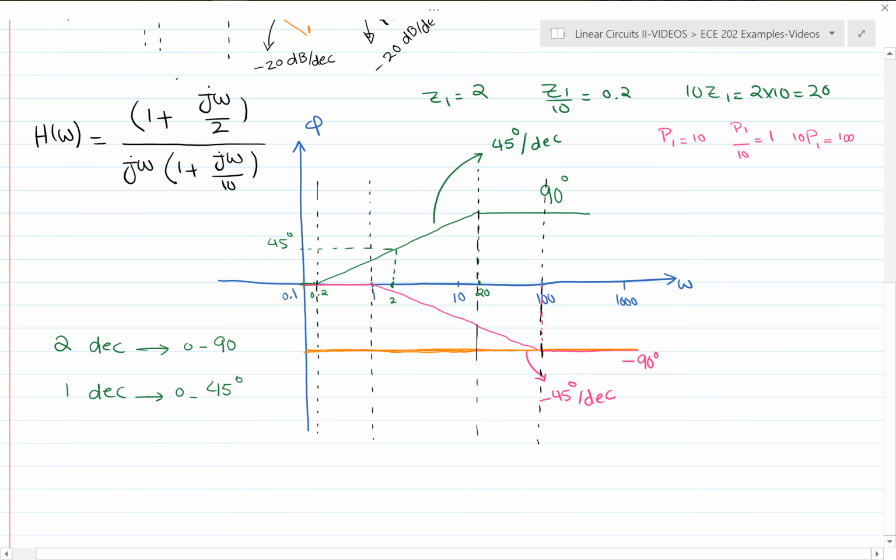Okay, so let's see what is happening here. From 0.1 until 0.2, the green plot is 0, the pink plot is 0, but the orange plot is negative 90. So we're going to have this, because negative 90 plus 0 will be negative 90. Then from 0.2 until 1, the pink one is 0, so it doesn't have any effect. But we have a green one with positive 45 degrees per decade, while we have the orange one at negative 90.